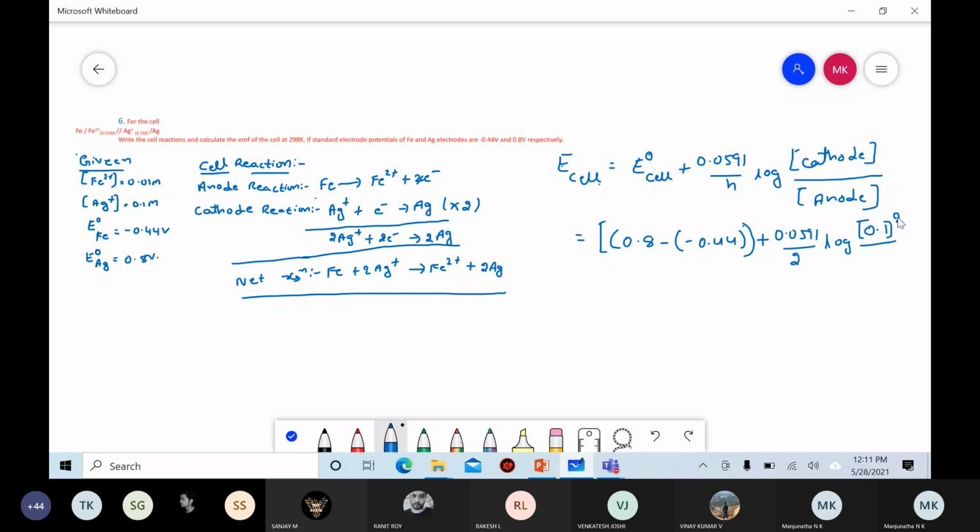Here we take the whole square for the cathode because there is 2Ag+, 2 moles. Therefore you take 0.1 whole square divided by the anode, 0.01 molar, as given in the numerical. Now close the bracket, take your calculator, and calculate the EMF of the cell.